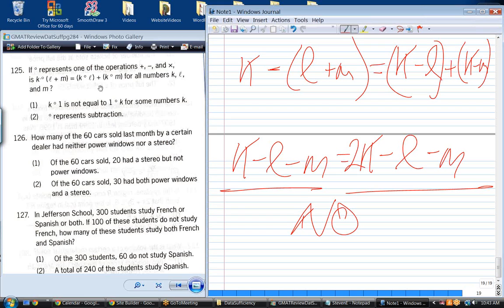The only time this is true is if this thing means multiplication, and number 1 says it can't be multiplication, or this would not be a true statement. So it has to be either addition or subtraction, and with either, that is not equal to that.